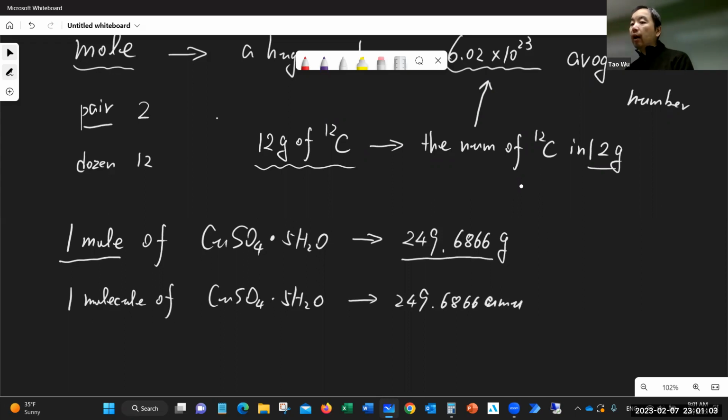But if we have 1 mole of these molecules, for example, 6.02 times 10 to the 23rd of these molecules aggregated together, how much does it weigh? It's going to weigh 249.6866 gram. So now we suddenly have a unit that we recognize.